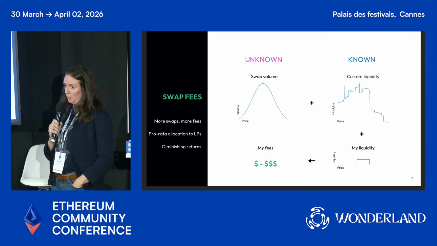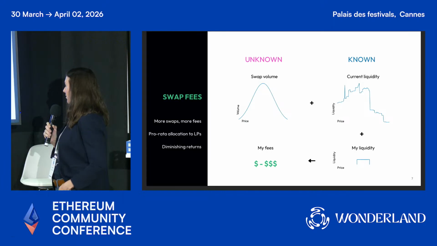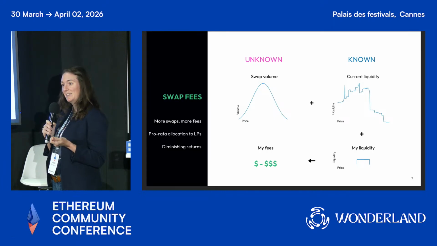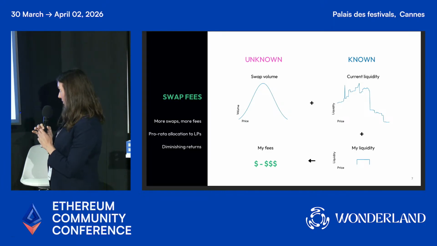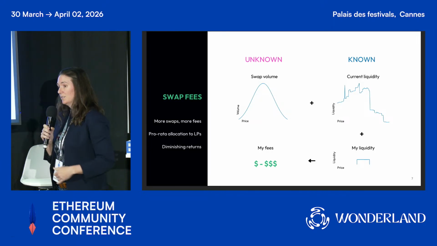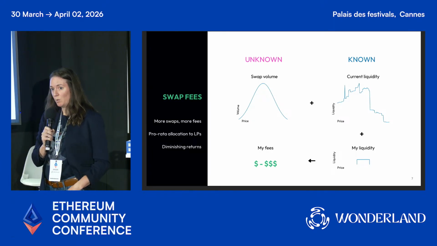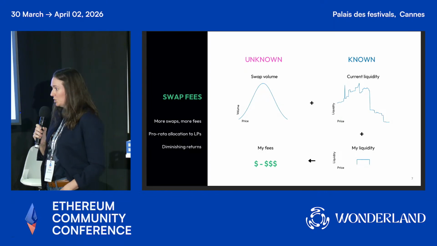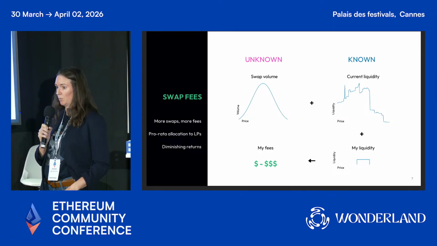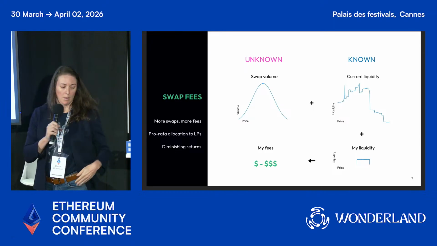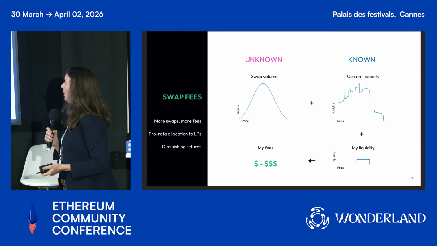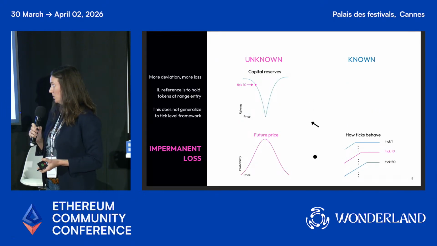We know the current liquidity in each tick, and we know how much liquidity we intend to put into those ticks. All three of those pieces give us a way to estimate what our swap fees will be as a function of our prediction of swap volume. So that's pretty straightforward. What's not as straightforward is the impermanent loss.